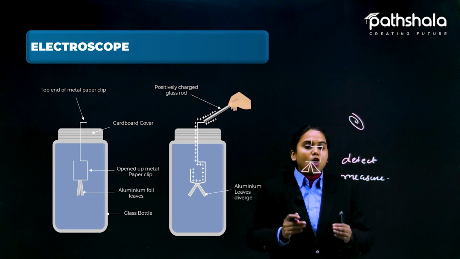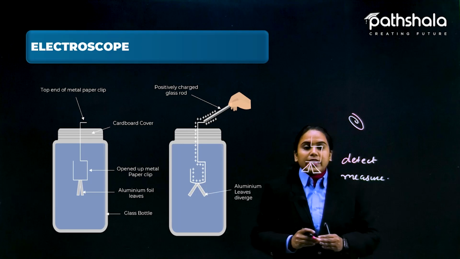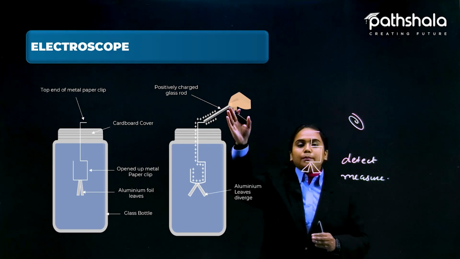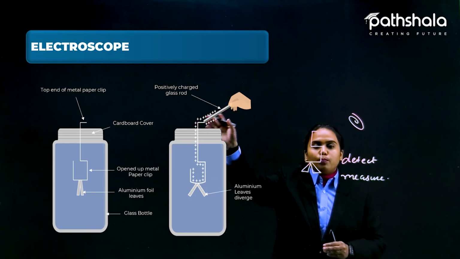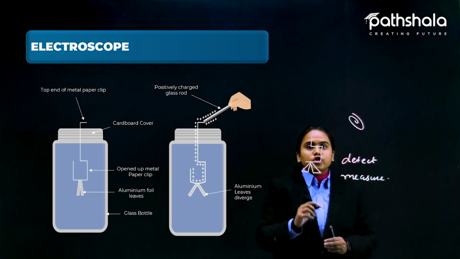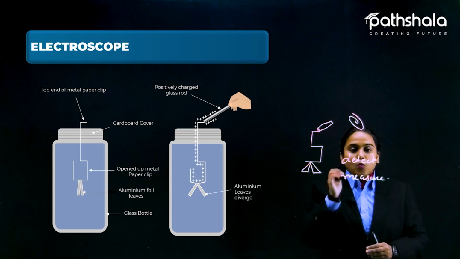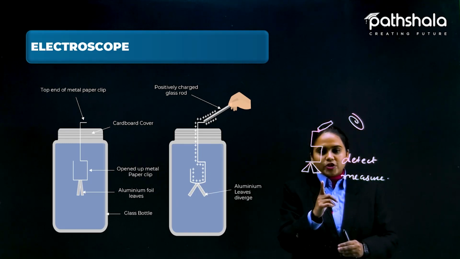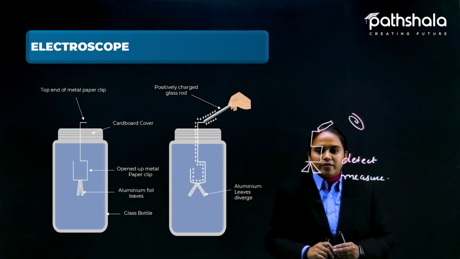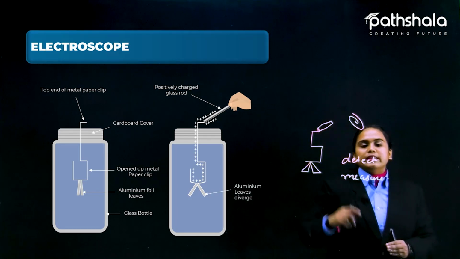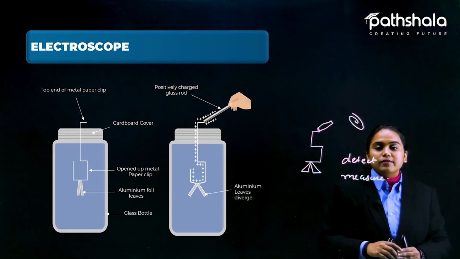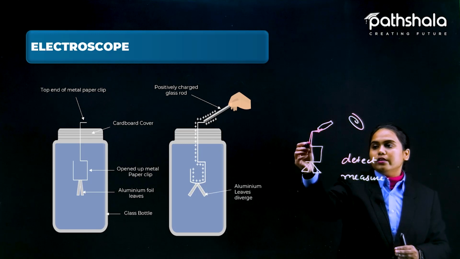Now, how will it detect? See here, we are putting a charged rod. That charged rod is in contact with this paper clip by conduction. We have read about conduction, right? By touching it to this paper clip, the charged particle will start flowing from here to here.